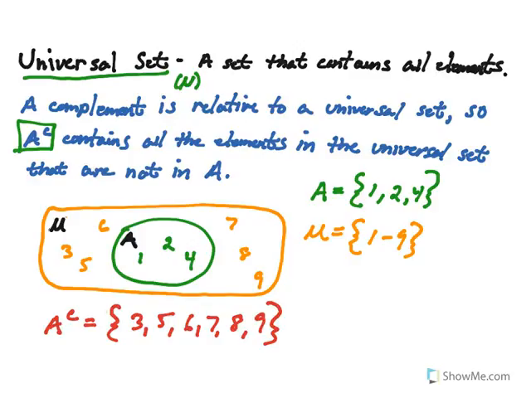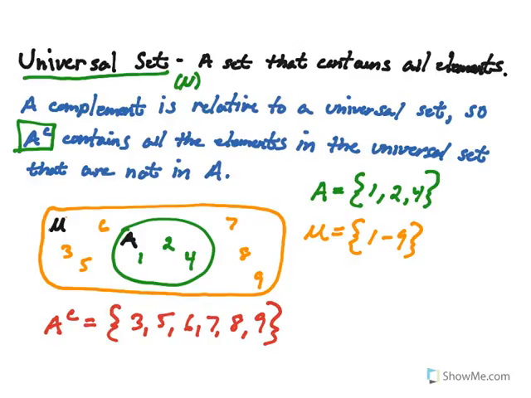All of those elements are not in set A, but they're in the universal set. 3, 5, 6, 7, 8, 9 are not part of set A in green. So that's what we mean when we have a complement.